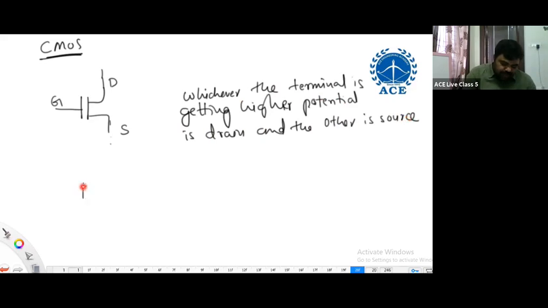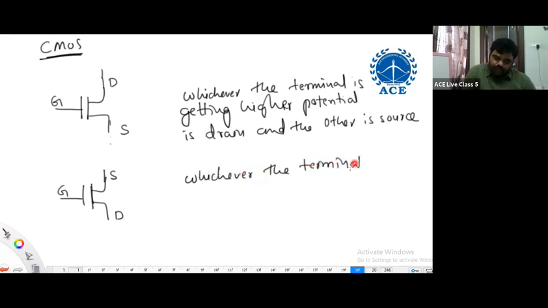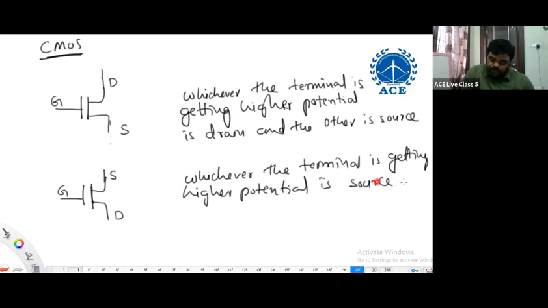And similarly for a P-channel MOSFET, while writing itself, the upper one we say source, the lower one drain, and it has a gate. Whichever terminal is getting higher potential is the source and the other is the drain. This is what we need to understand.